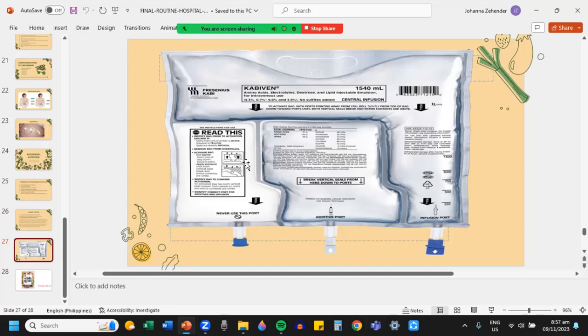Once you press each of the compartments, this will allow for mixing of the different components of your Cabiven. And then you're going to treat it like an IV infusion. But instead of a peripheral vein, it should go through a central line. Okay?